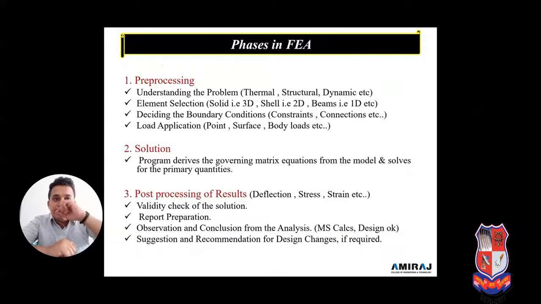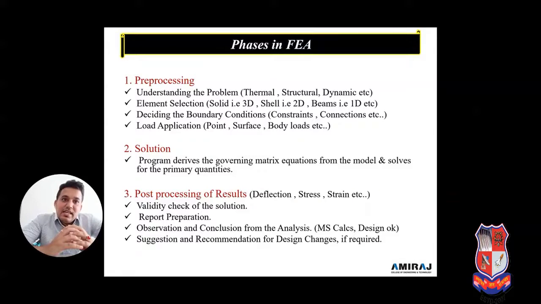Let's start. Actually there are 3 phases in FEA: pre-processing, solution and post-processing. Post-processing we can say is the result part. Pre-processing means deciding which kind of analysis we want, such as thermal analysis, static structural analysis, dynamic analysis, etc. The second is element selection, 1D, 2D or 3D.